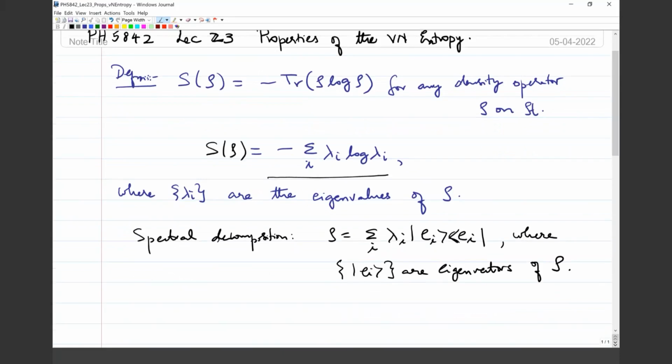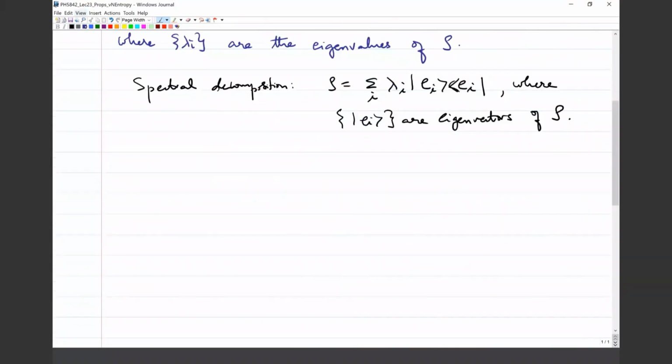And while there are several properties that we need to discuss, at the heart of all of them turns out to be this positivity or non-negativity of the relative entropy, which we discussed yesterday. So let us revisit that. The important theorem that we discussed yesterday is, so we first defined the relative entropy.